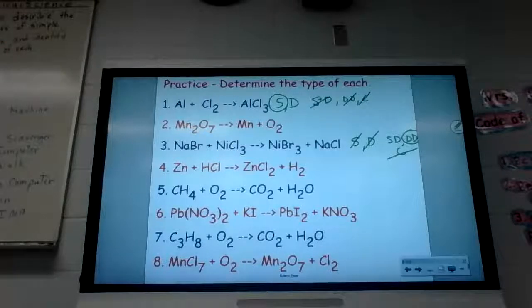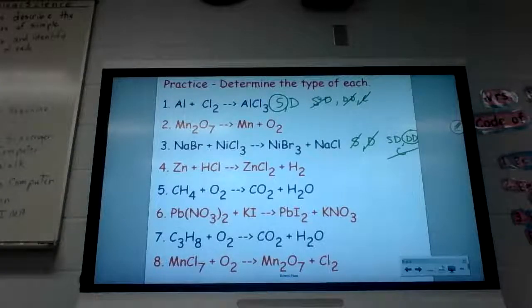All right, number 4. There's 2 plus signs. There's no CO2 plus water, so that takes out combustion. So we're either single or double. Do we have 2 compounds or an element and a compound? Element and compound. That's why it's single. Number 5. Combustion.